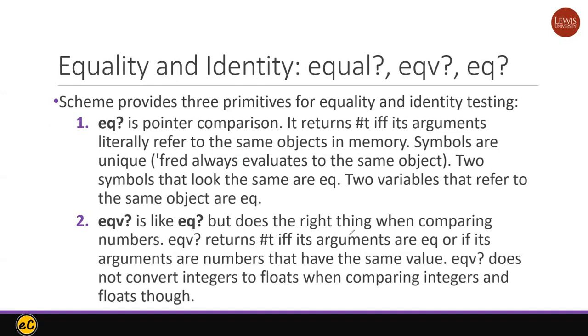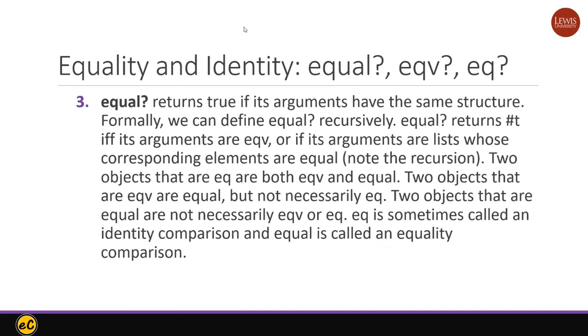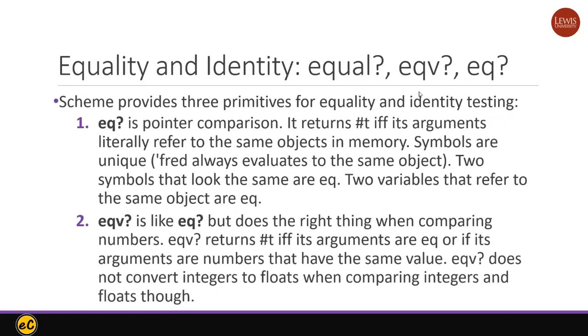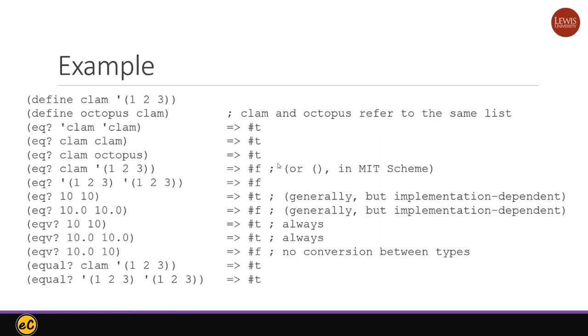EQV needs the same value, okay? EQV is same value. And then equal returns true if the arguments have the same structure. Same structure, okay, whatever, you will know it when you use it, okay? So there are 3 types of equality, equal, eqv, and eq, okay? Question.